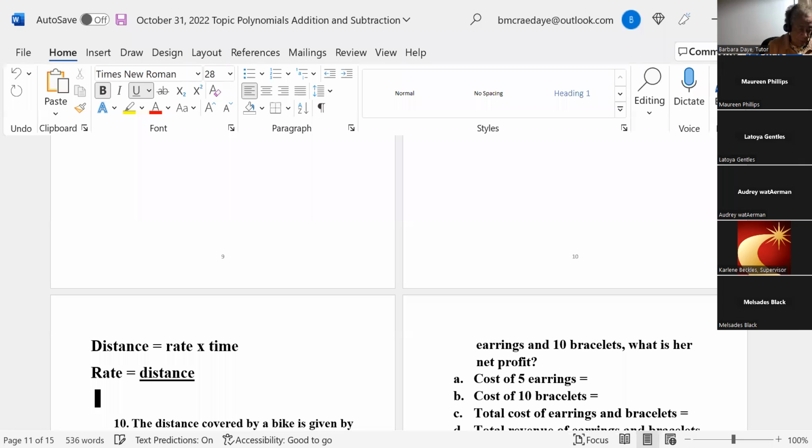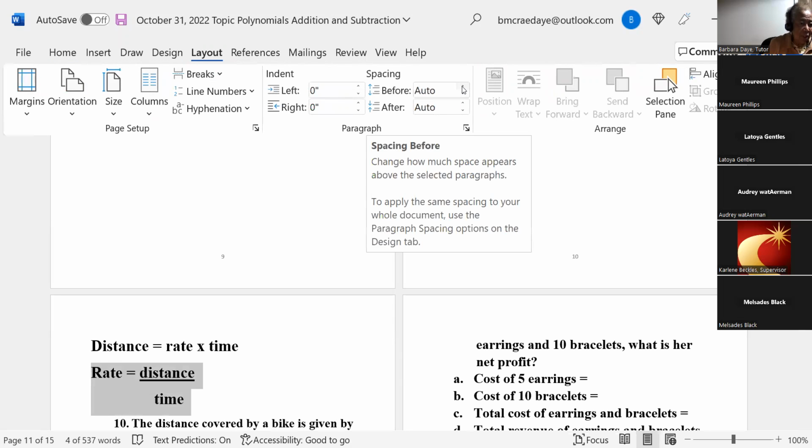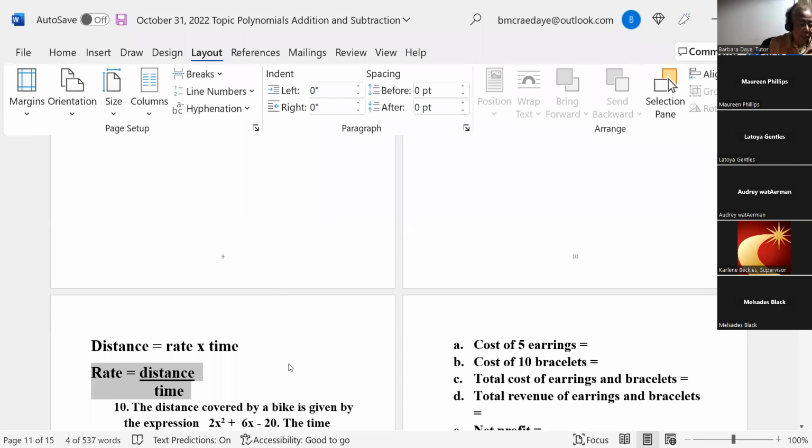Now you've got your formula. In this problem, you're given the distance and you're given the time and you find the rate. Knowing that method, I think you can solve this. Okay, let's go.